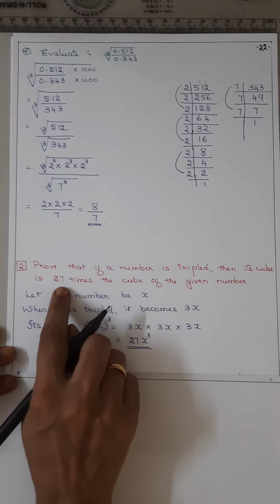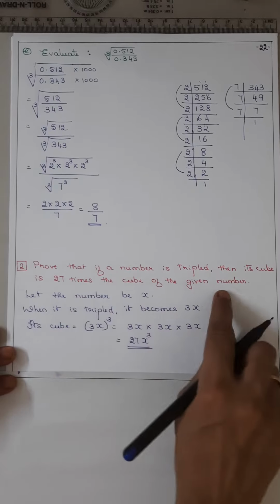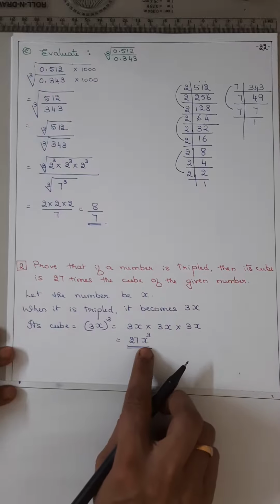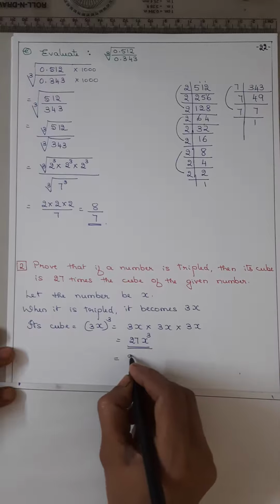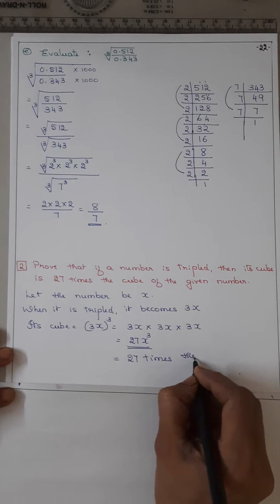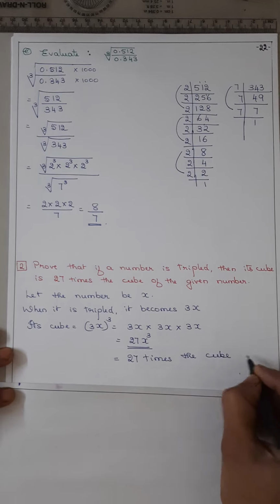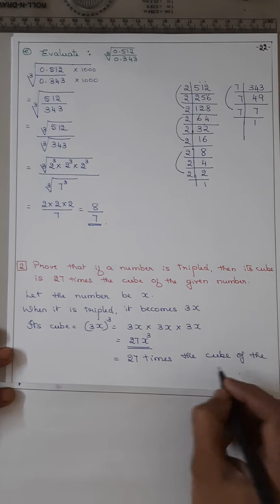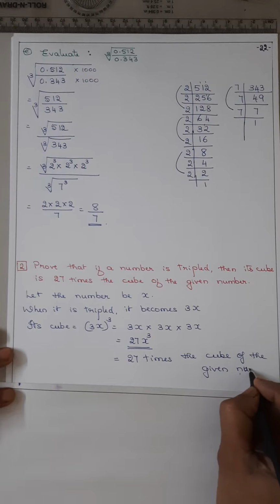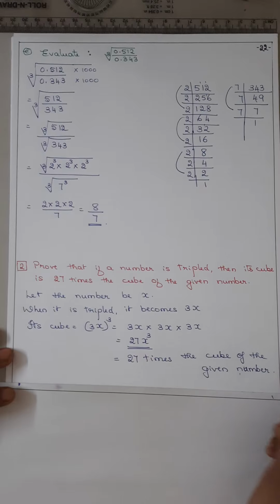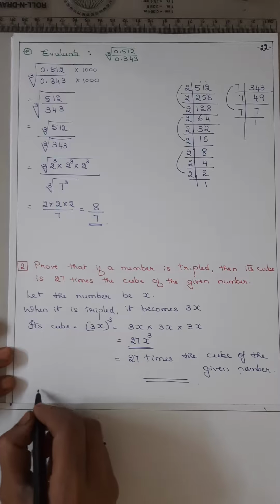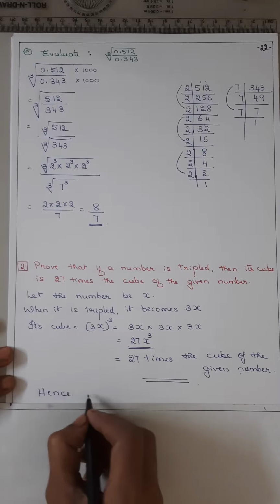So it is 27 times the cube of the given number. Yes or no? 27 times the cube of the given number. Okay? Hence, proved.